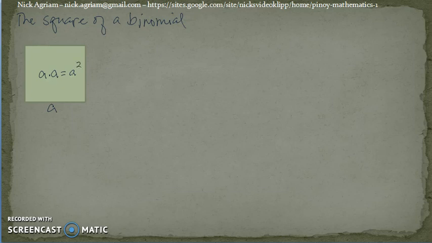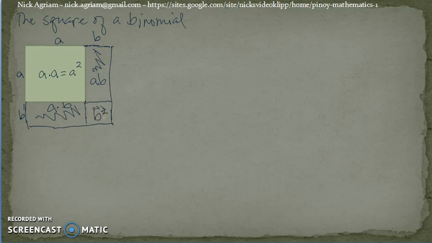But if I'm going to extend this square to a bigger square, then I will tell this is A and this is B, and this is still A and this is B. That means the area of this is AB, and the area here is also AB, but this area is B squared, because this is B and this is B. That's B squared.